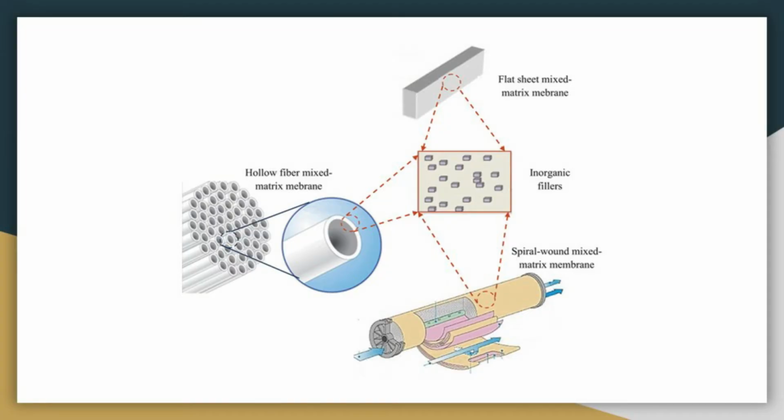It has a high surface area to volume ratio, and it is able to backflush to prevent any build-up of fouling material on the surface. This method is mostly used in ultrafiltration and microfiltration applications.